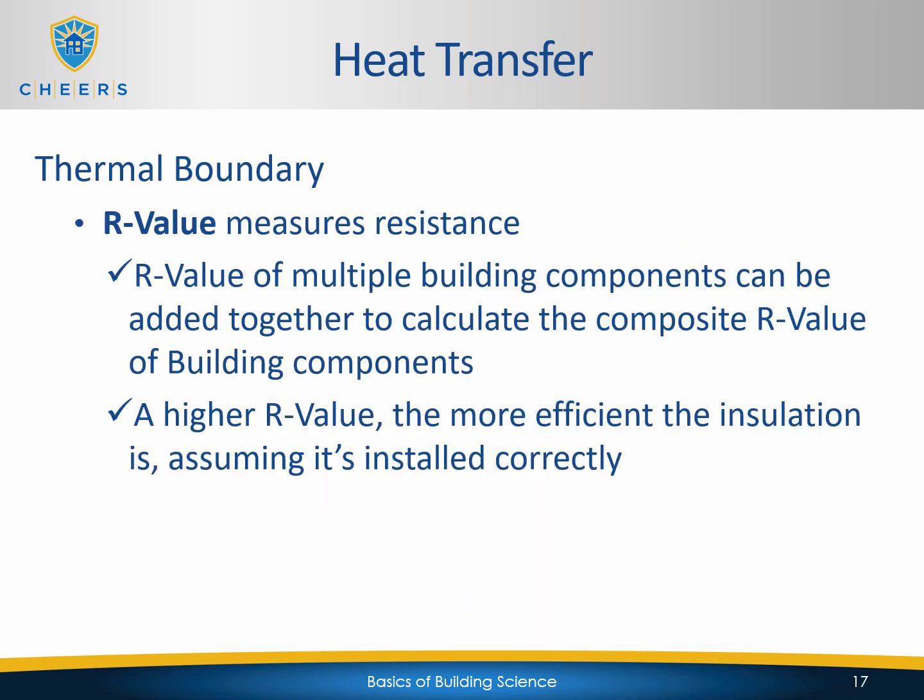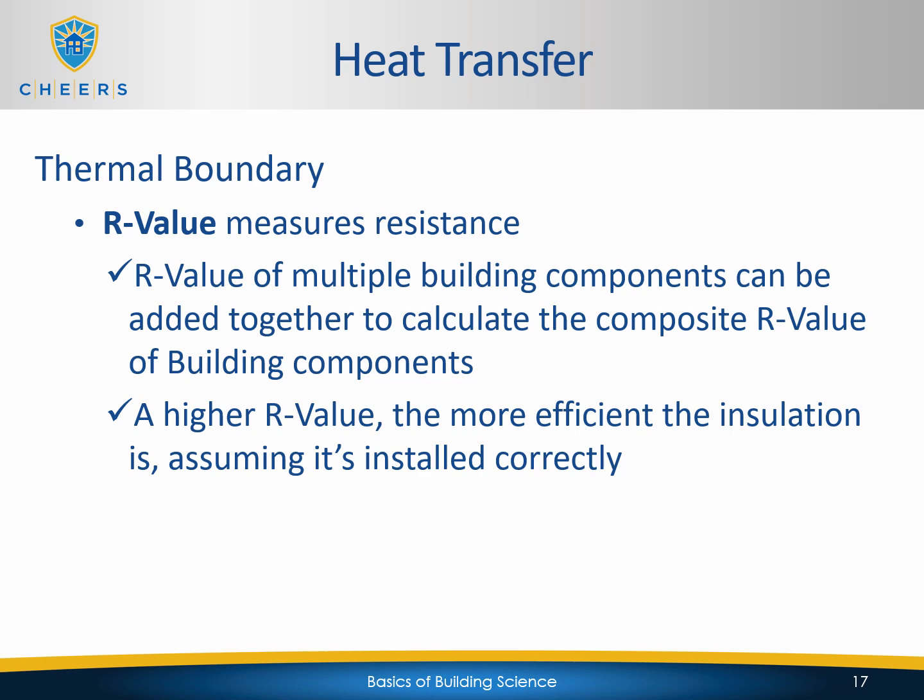When it comes to thermal boundary, the R value measures the resistance. Insulation is rated in R value, resistance value. Basically, the higher the R value, the more efficient that particular insulation is. The R value of multiple building components can be added together to calculate the composite R value of building components. As I said, the higher R value, the more efficient the insulation is, assuming it's installed correctly, obviously.